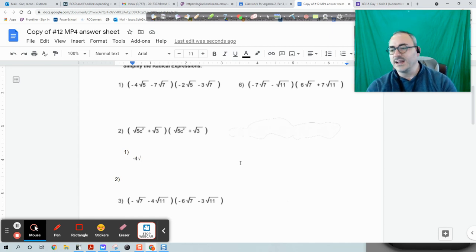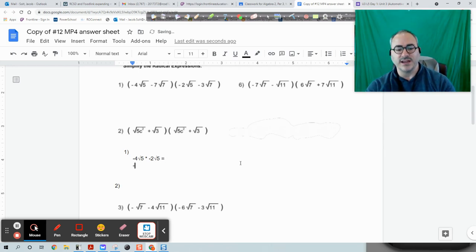All right, so negative 4 radical 5. I'm going to multiply that by negative 2 radical 5. I'm going to find out what that equals. And I'm going to do negative 4 radical 5, and I'm going to multiply that, and this multiply symbol I'm using here is Shift 8, gives me the asterisk, by negative 3 times radical 7.